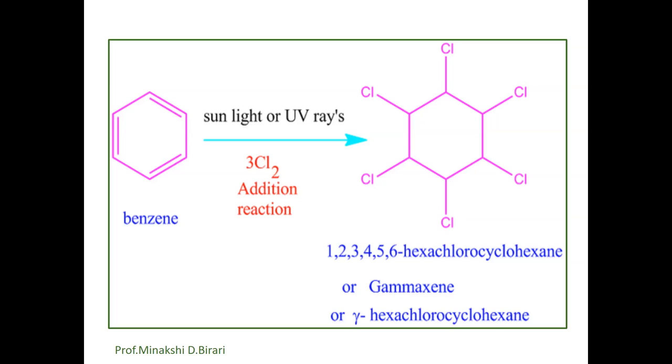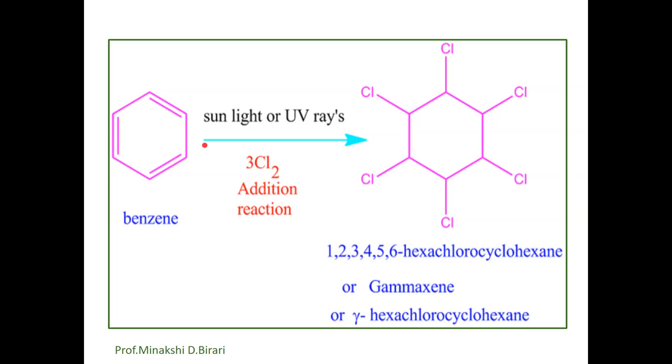So these are the two methods for the synthesis of benzene hexachloride: the batch process and the continuous process. The crude or impure BHC is not suitable for food crops because of its strong musty odors.